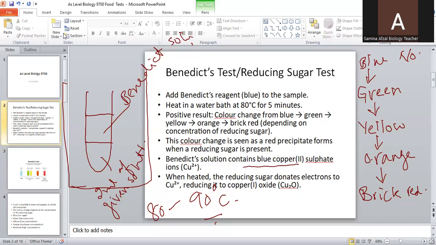But when we heat it with the reducing sugar, what happens? The reducing sugar donates electrons to copper 2 sulfate, so it is reduced to copper 1 oxide. So that is the reason this color change occurs as we perform the Benedict test for reducing sugar.